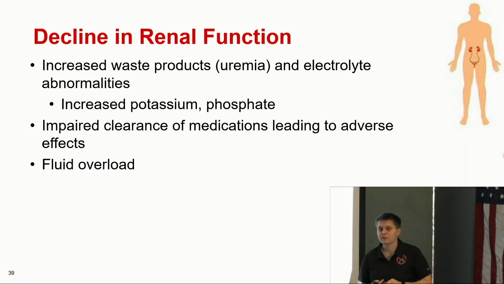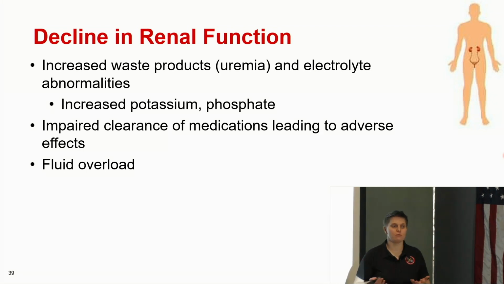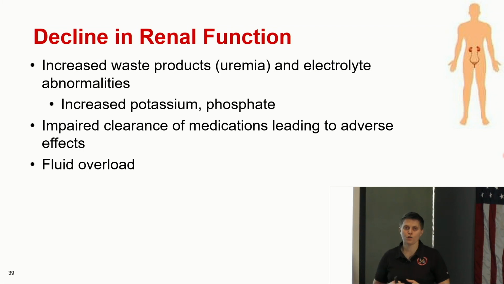This decline in renal function contributes to increased waste products building up. So patients may be uremic. They may have electrolyte abnormalities. Particularly important would be things like potassium and phosphate, which can contribute really adversely to other organ systems. They may have impaired clearance of their medications, leading to more significant medication side effects, or they may not be able to filter out as much water as they should, and that leads to fluid overload.